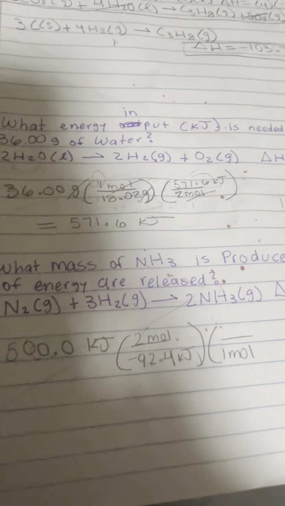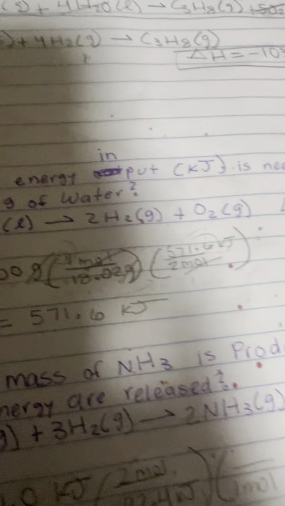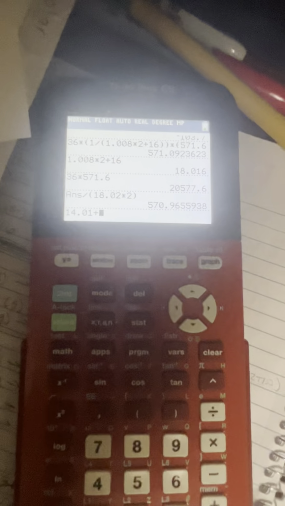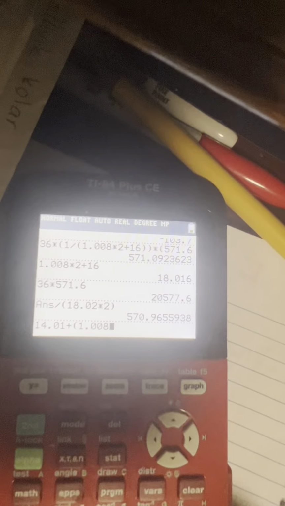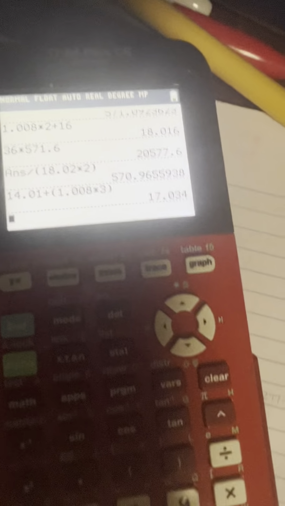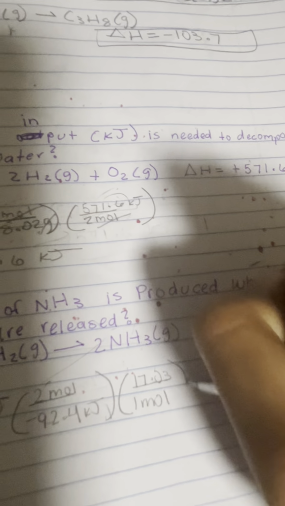So by looking at our green table here, we know that N's atomic mass, which is nitrogen, is 14.01, plus next 3 hydrogens, so plus 1.008 times 3, which equates to roughly 17.03 with sig fig rounding. Okay, and then that would be in grams because we're trying to find the mass in grams.